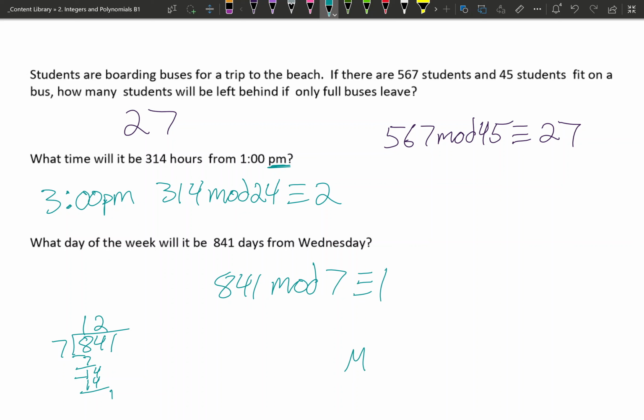We can set up our week, Monday through Sunday. And since this is Wednesday, Wednesday would be R0, Thursday R1, Friday R2, and so on. But since our remainder is 1, it is going to be Thursday.